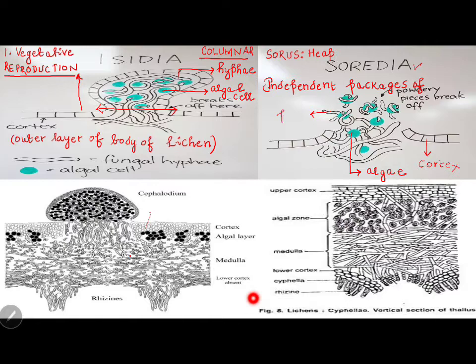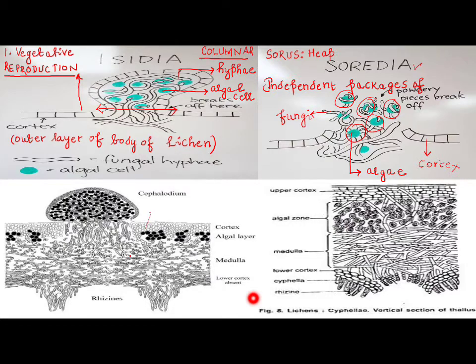You can see each algal cell is covered up. For me, this is one Soredium, this is one Soredium, this is one Soredium, and so on. So like spores, if they fall on a suitable substrate, they grow.